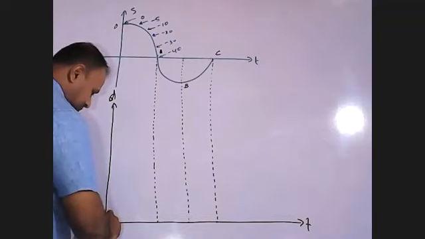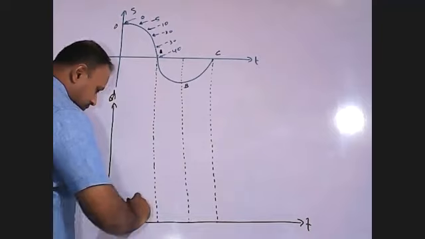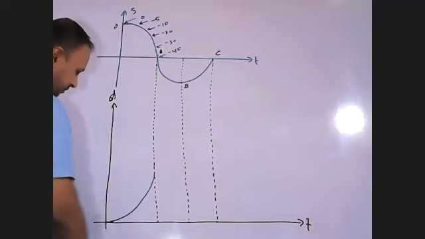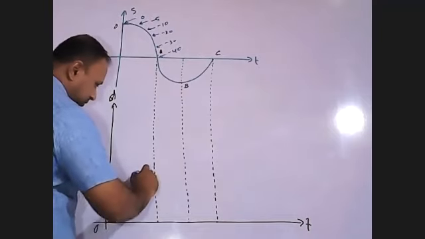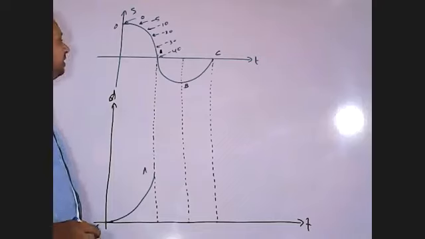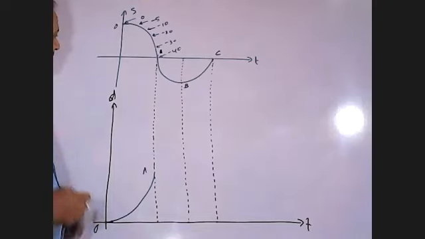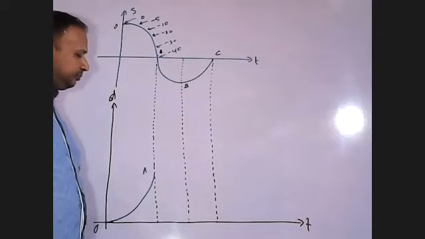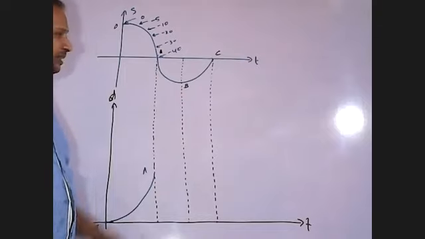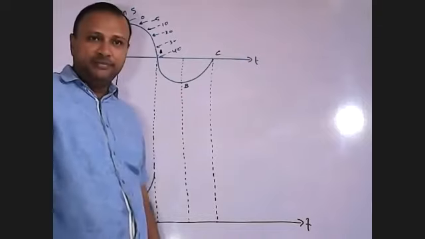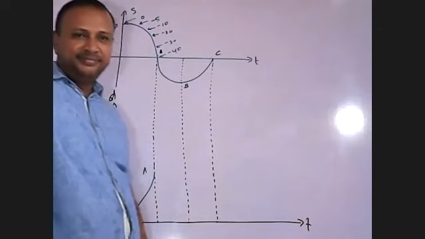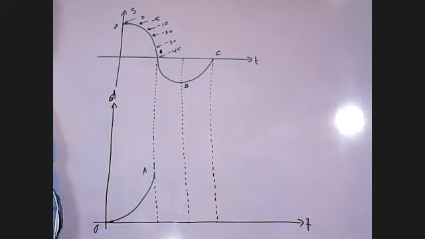From O to A, it is increasing. Then A to B, is it negative or positive velocity? It's negative, also negative.